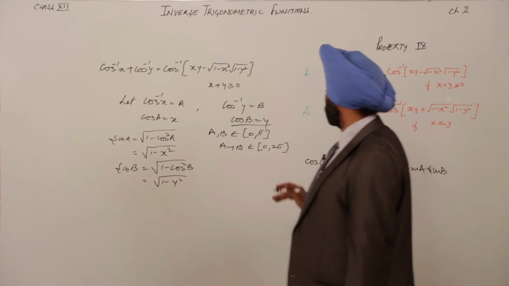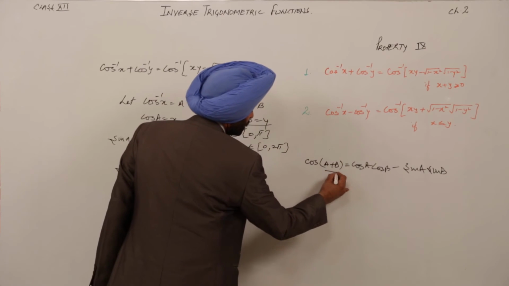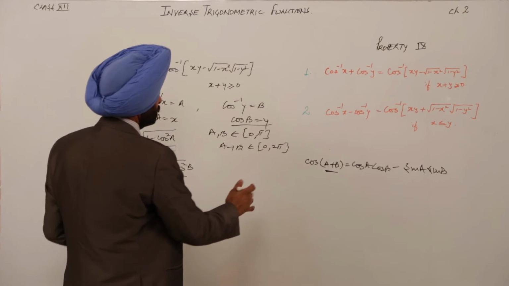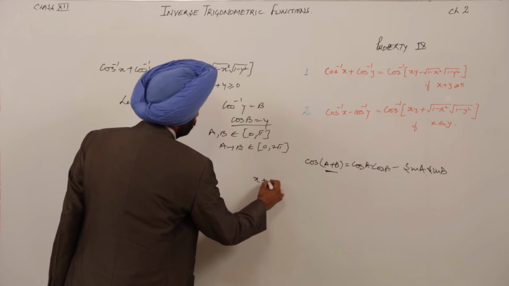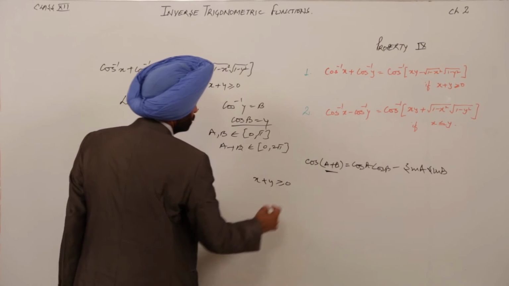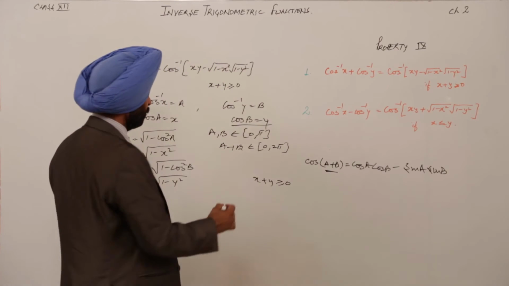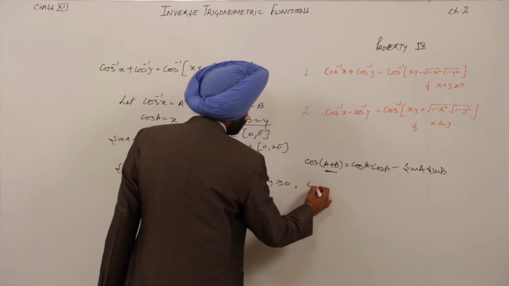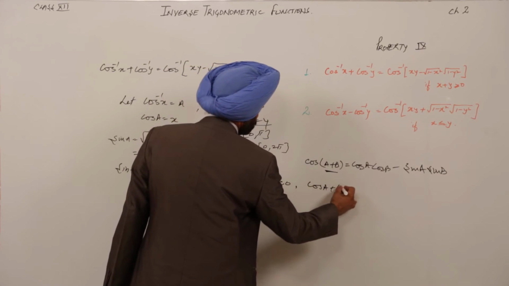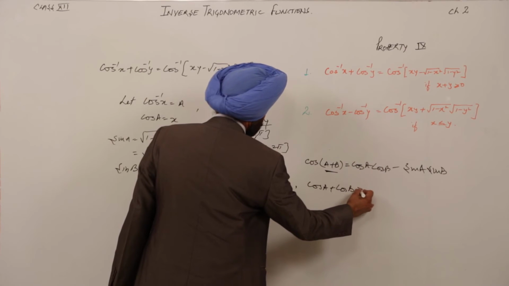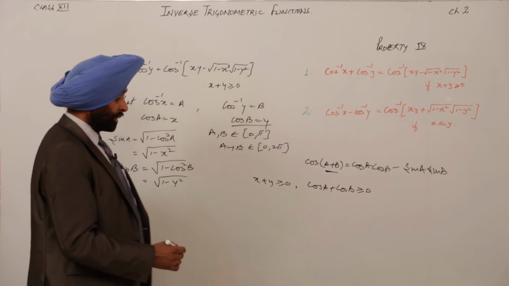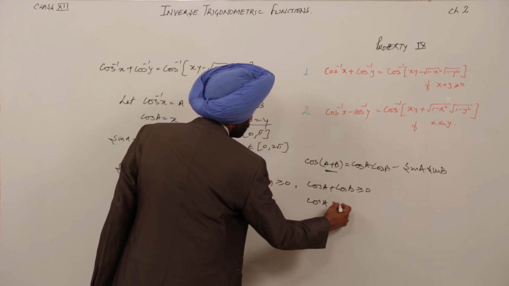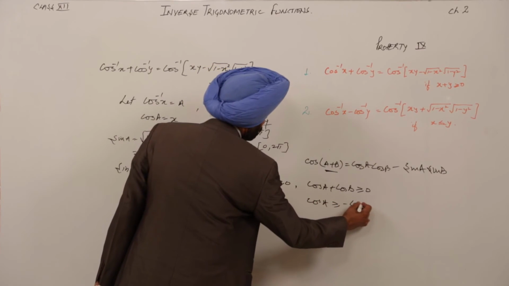Now what is the condition when we are using this part, where does this fall? The condition given is x plus y is greater than or equal to 0. Now what is x and what is y? X is cos a. Now we have cos a plus cos b is greater than or equal to 0, or we can write it as cos a is greater than or equal to minus cos b.